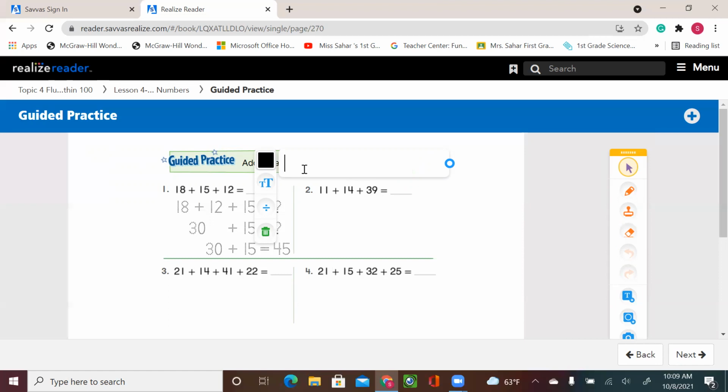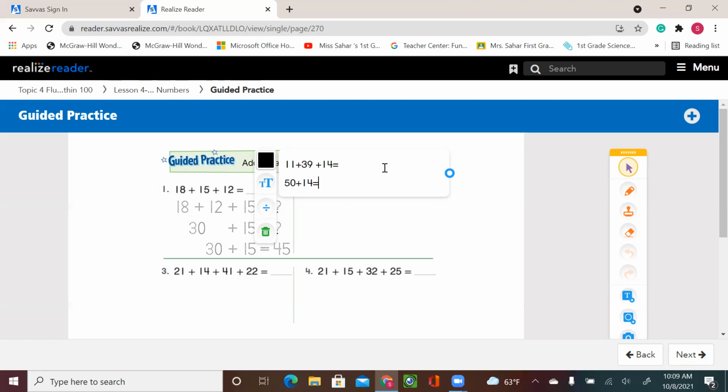I'm going to say 11 plus 39 plus 14 equals. So now 11 plus 39. Very good. I can say 9 plus 1, that's 10. And so it's going to be 50 plus 14.